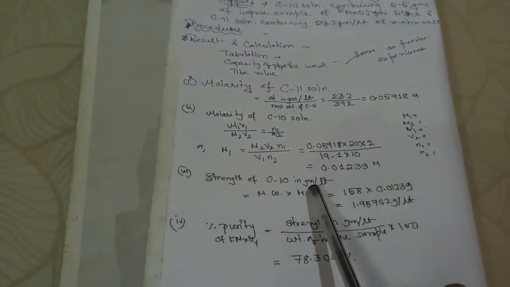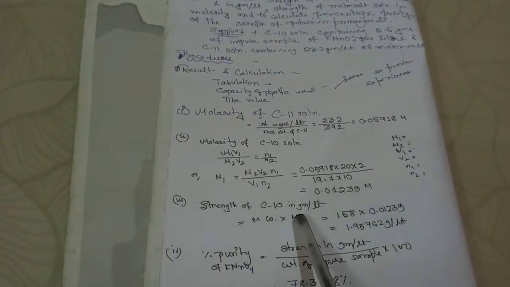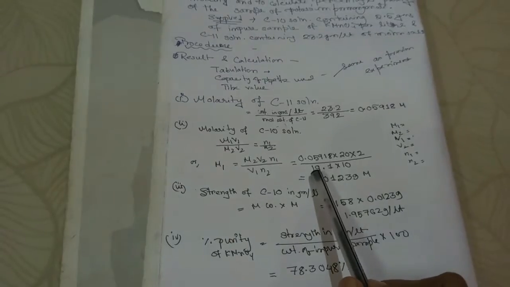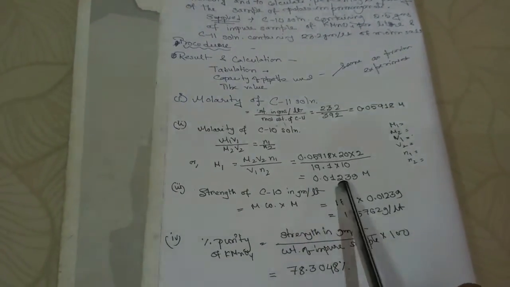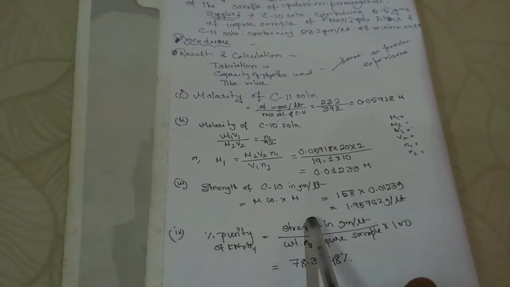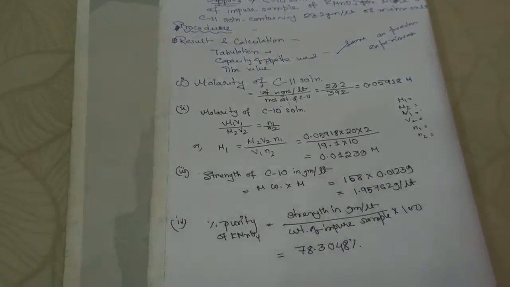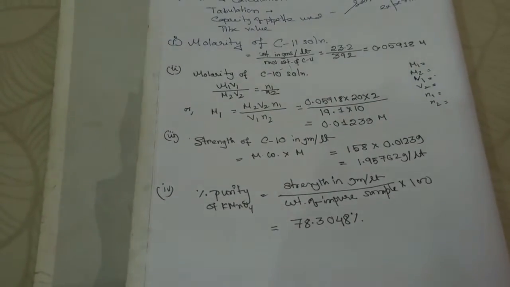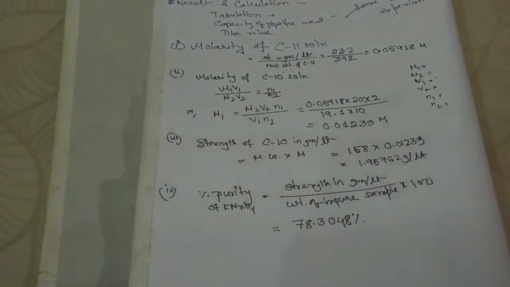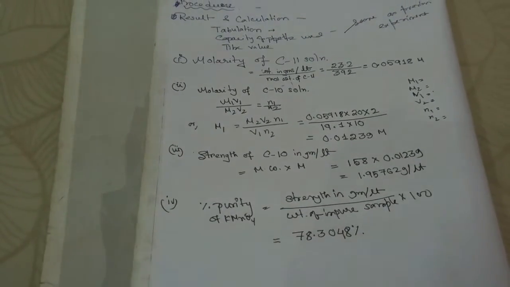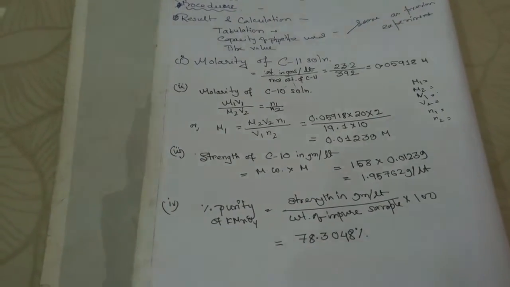The C10 solution is supplied as an impure sample. As you have seen here, we have used the concordant reading from our burette, that is 19.1, and we have got this, and now the formula is molarity into molecular weight of KMnO4. The molecular weight of KMnO4 is 158, and we have received the strength. Finally, the fourth one is percentage purity, that is the strength in gram per liter divided by the weight of the impure sample.